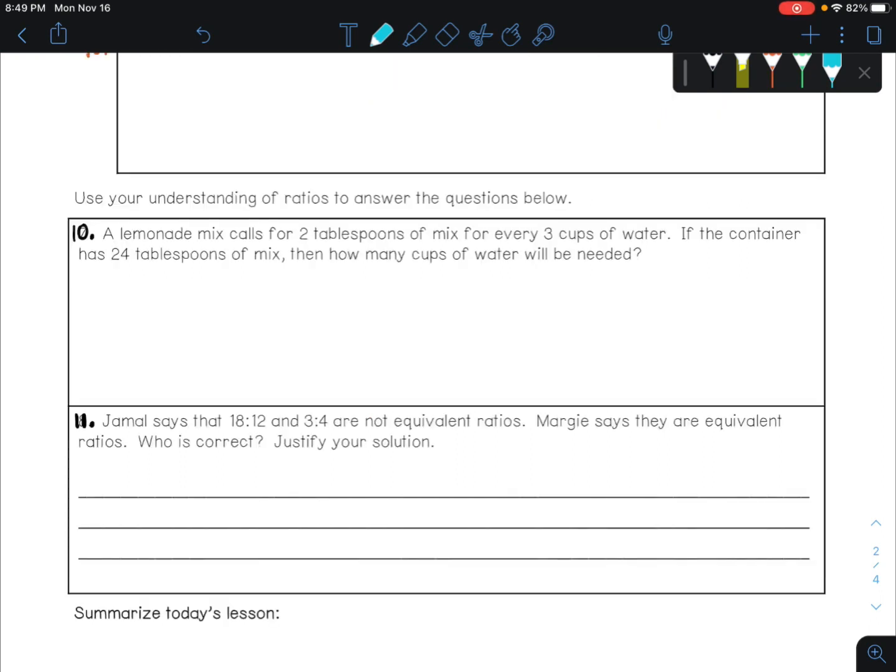For number 10, a lemonade mix calls for 2 tablespoons of mix for every 3 cups of water. There's our ratio. So mix is going to be 2, and water is going to be 3. If the container has 24 tablespoons of mix, then how many cups of water will be needed? So in real life, we don't have just 2 tablespoons.